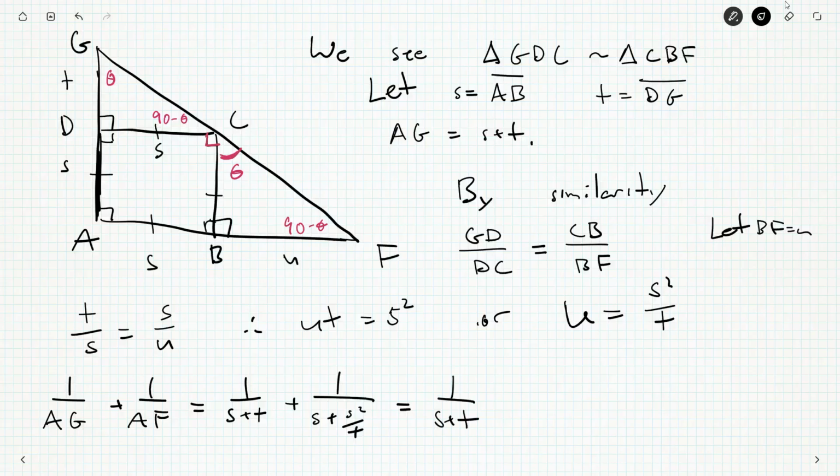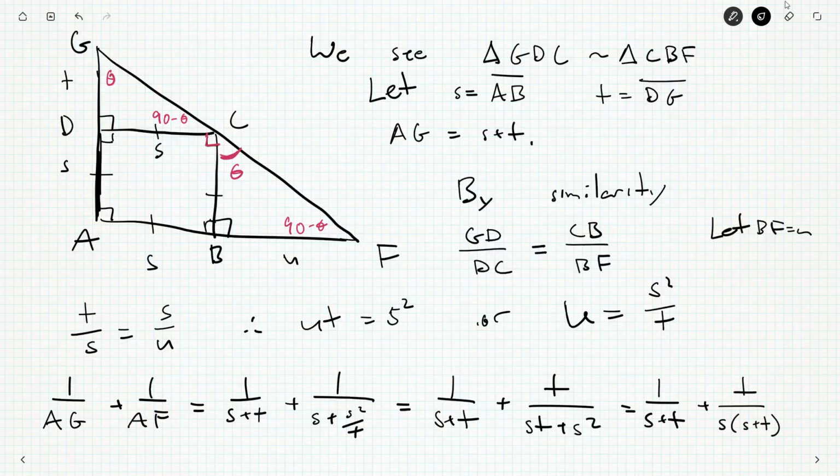First let's clean this up a little bit. We'll just multiply top and bottom by T, so ST plus S squared. But that's 1 over S plus T over S plus T, so they both have the S plus T thing here.